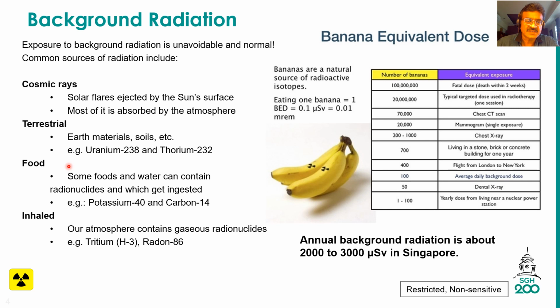Certain foods such as bananas actually concentrate a high proportion of potassium-40, which is radioactive, and of course carbon-14 is found in all of us as well. So this is basically how the radioactivity enters the human beings as well as animals through the food intake and the water we drink as well.